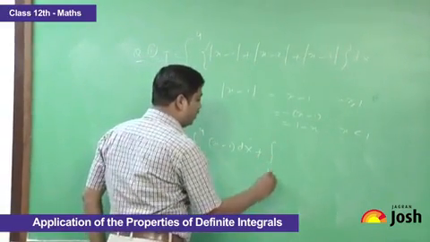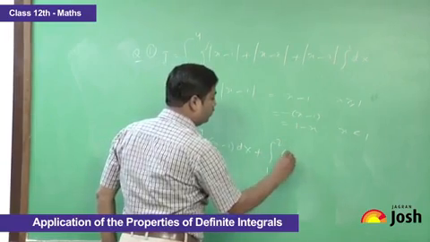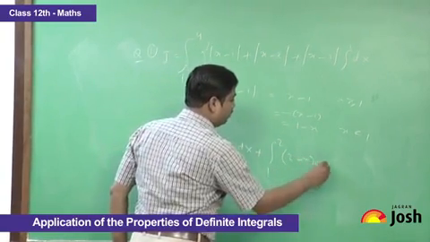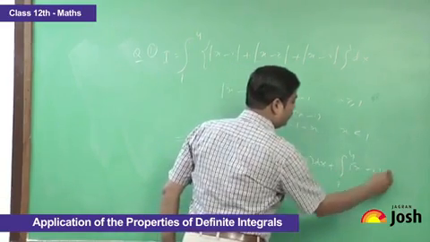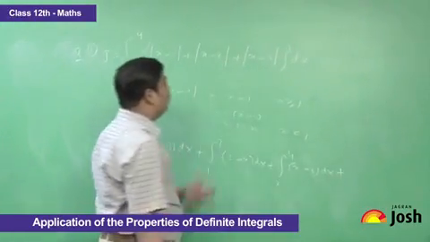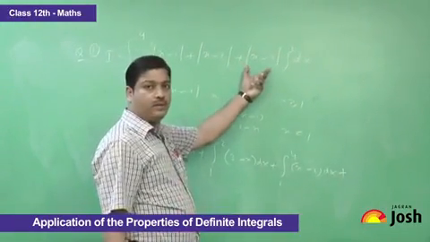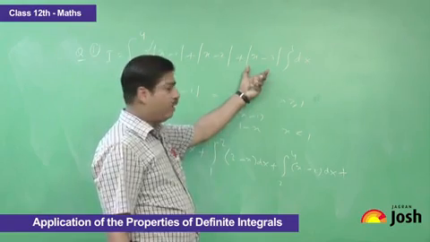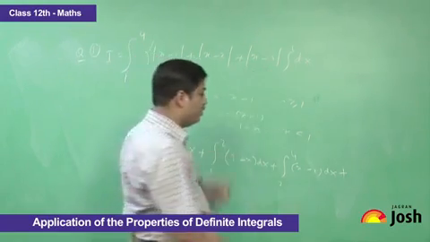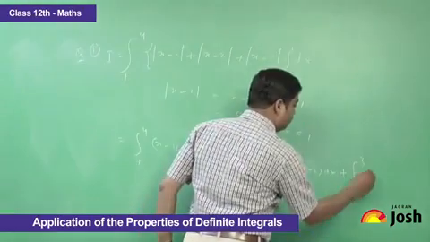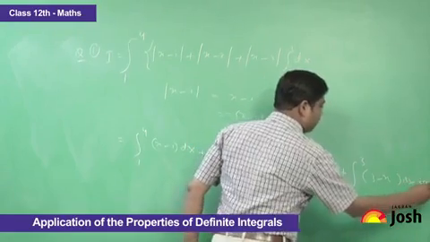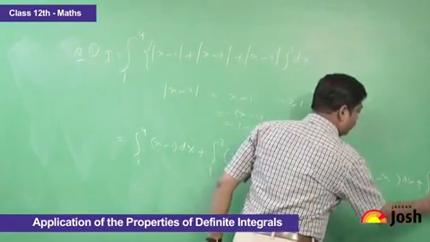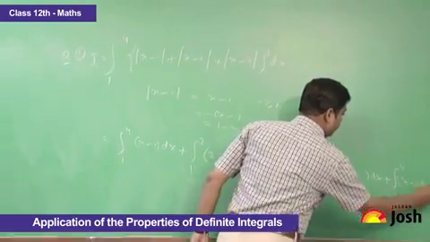So we break the limit as 1 to 2, 2 minus x dx plus 2 to 4, x minus 2 dx. Similarly, modulus of x minus 3 is negative for x less than 3 and after 3 it is positive. So let us break the limit 1 to 3 and we write it as 3 minus x dx plus 3 to 4 modulus of x minus 3 dx.